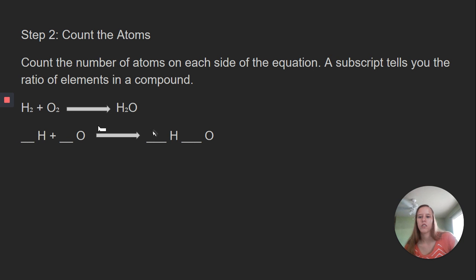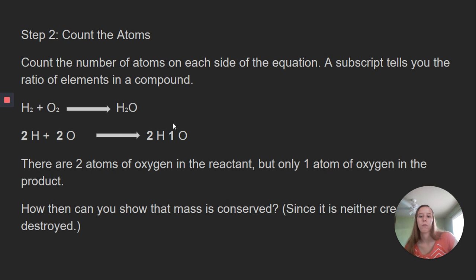Then on the product side we have H2 and 1 O. So we have 2 H's and 2 O's, and then 2 H's and 1 O. So 2 atoms of oxygen in the reactant here, only 1 atom of oxygen in the product.